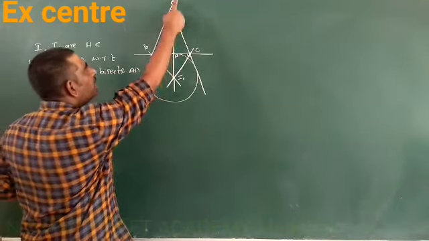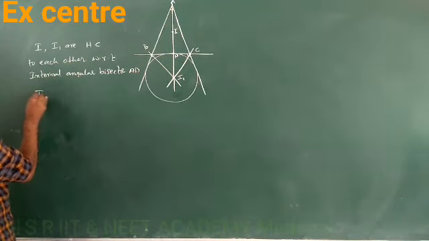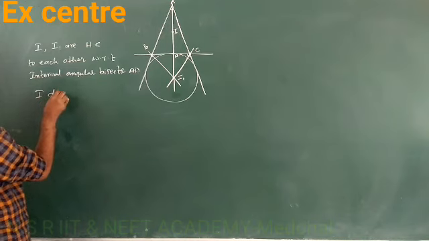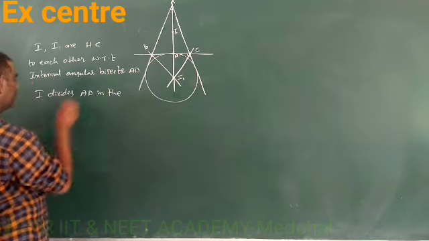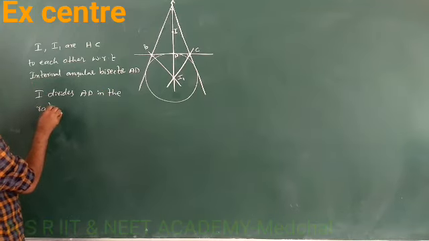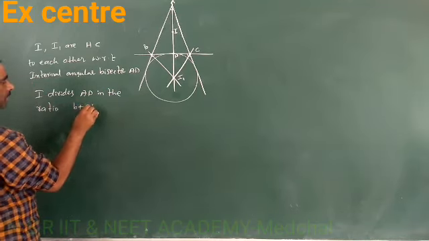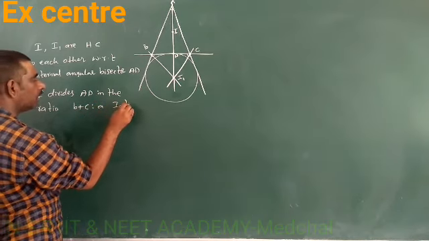Already we know I divides AD in the ratio B plus C is to A internally.